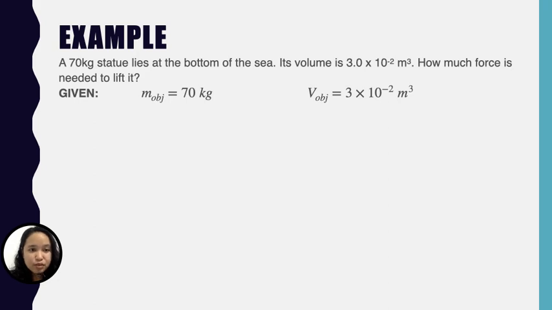The mass of the object is 70 kilograms, the volume of the object is 3 times 10 to the negative 2 meter cube, and we also have other values that aren't listed in the problem, but we should already know. The density of water is 1030 kilogram per meter cube, or 1.03 times 10 to the power of 3 kilogram per meter cube. And gravity is equal to 9.8 meter per second squared.